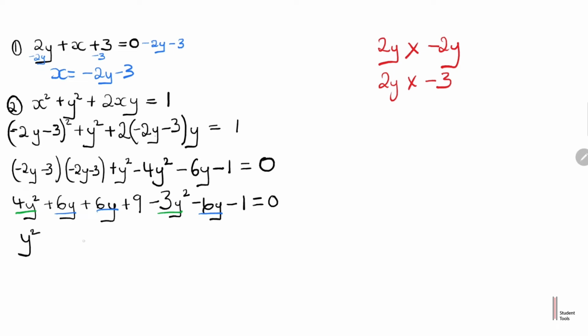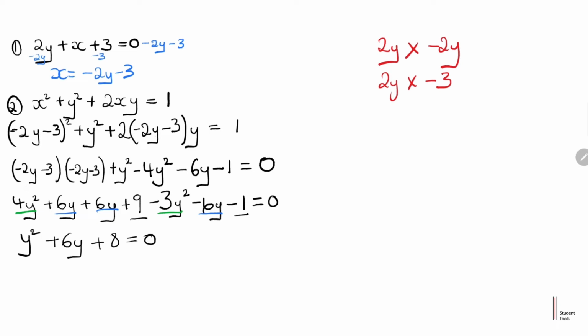So that gives us a positive 6y. And then we have these like terms, 9 and 1. So we have a positive 9 minus 1. That gives us a positive 8. All this is equal to a 0. Alright, now we have y squared plus 6y plus 8 equal to a 0.